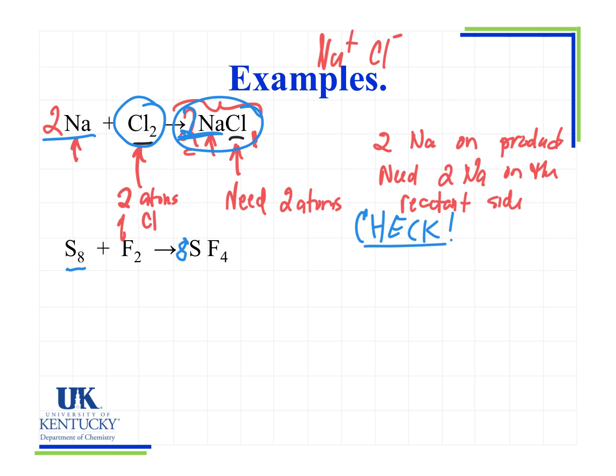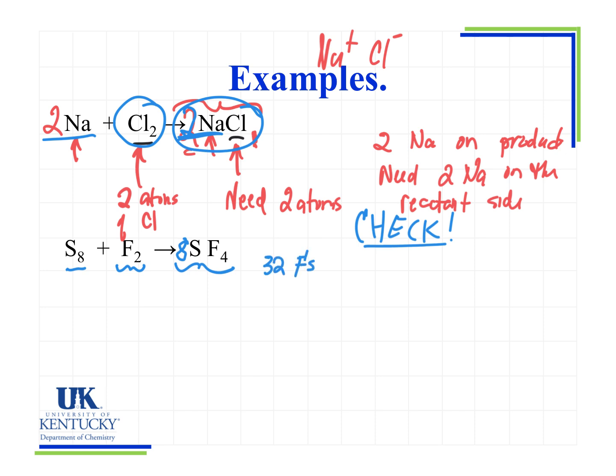So now we're ready to think about the fluorines. On the left, I have 2 fluorines. On the right, how many fluorines do I have? Well, 8 times 4 is 32 fluorines.